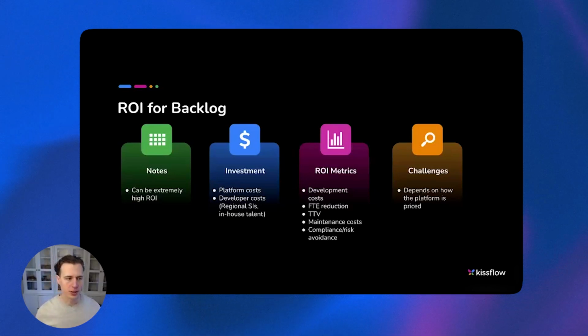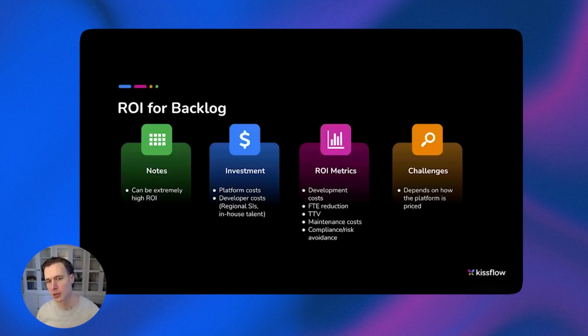Instead, if you have a platform that's charging per user, or better yet, even usage, then that really helps you, because then you're getting the value that you put into it. You could build 50, 100, 200 different applications on this platform, and you're not necessarily spending an exponential amount on it. So that's really a great use case and a great way to talk about ROI for applications built in the second use case of backlog.